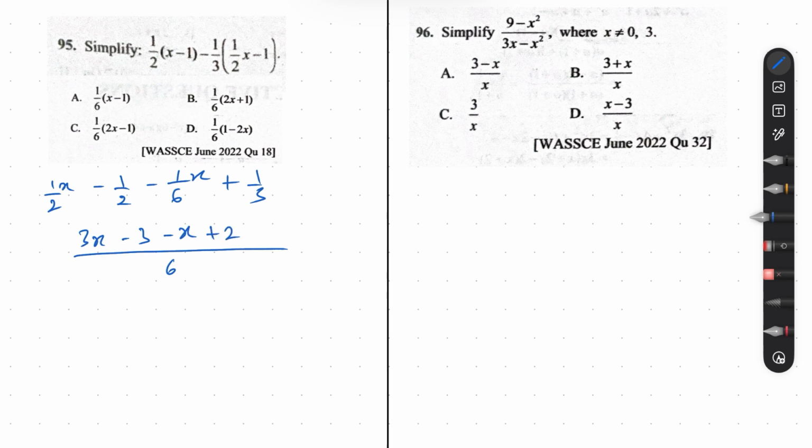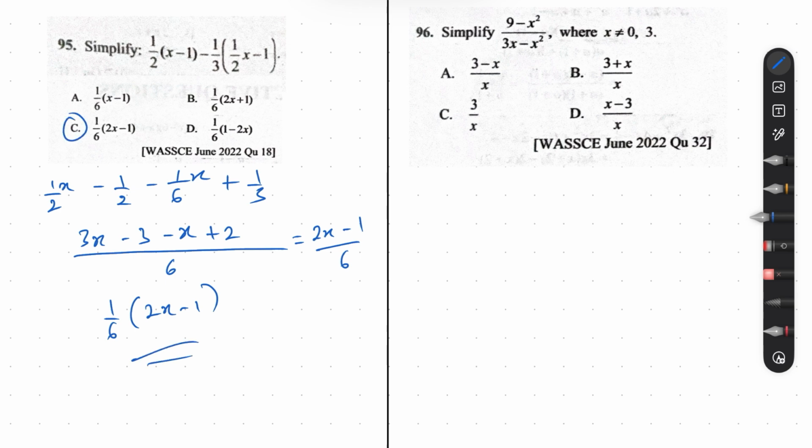Okay, so what do you have? 2x minus 1 over 6. So we can factor 1 over 6 out, multiplying 2x minus 1. So that is our answer, right? Which is C. Okay, cool.